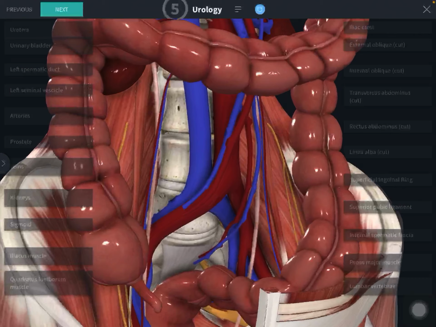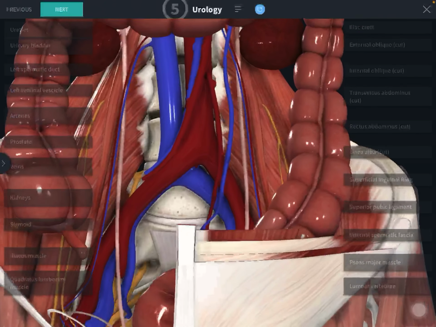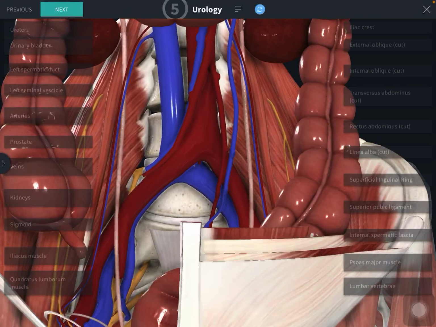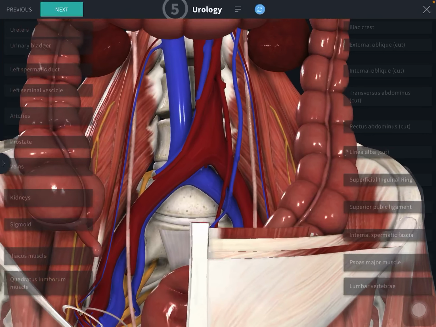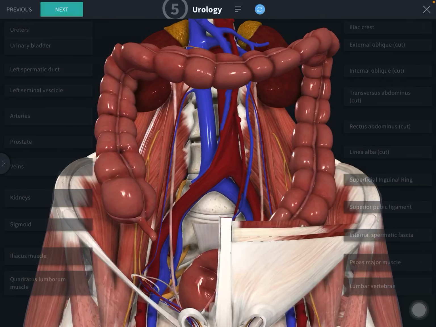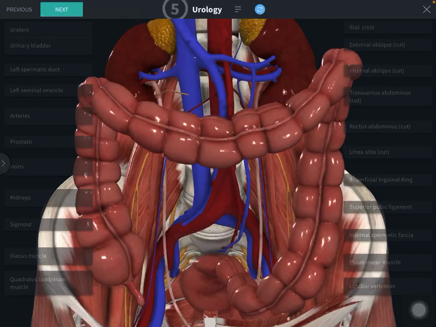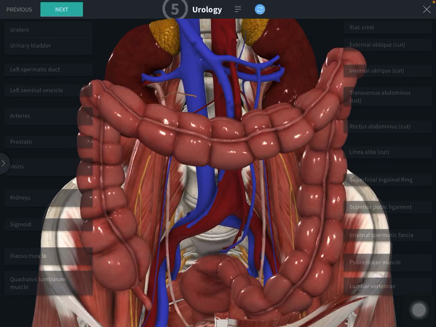Now the pelvic part of the ureter. So we will start the pelvic part. So this is the pelvic part after the bifurcation of common iliac artery. At first the ureter passes downwards beneath the peritoneum of the lateral pelvic wall.